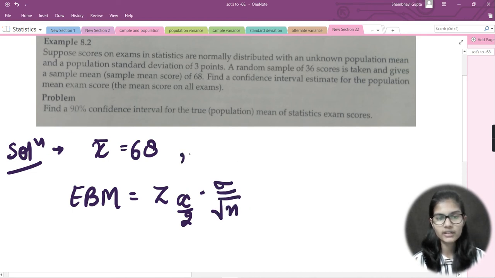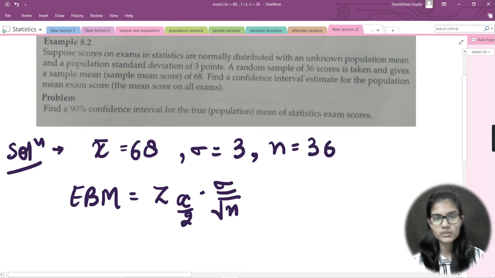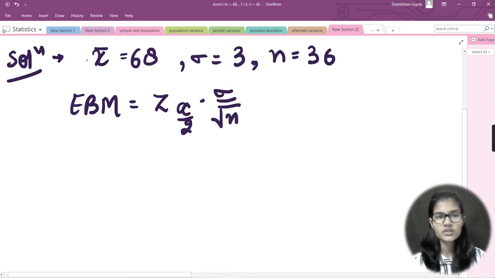I even have the value for sigma, so sigma is equal to 3. And I have the value for n, which is 36. In the previous video I mentioned that n is the random sample size, right? So these are the things which I have from this particular question. And now the very first step is finding the EBM.